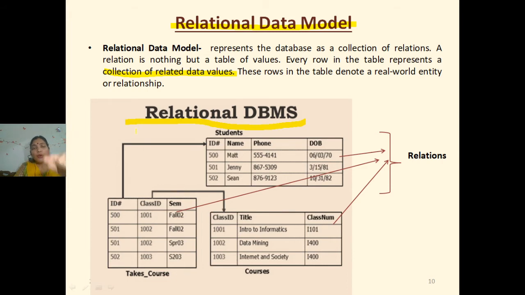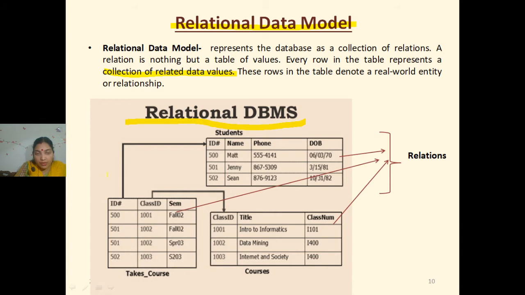One more thing, all these three tables are connected to each other in a particular relationship. And what is this relationship about? It tells that the student table is taking its information of ID from which table? A student's ID is connected to take course. So this ID is giving the description of courses of a particular student. For example, ID 500 is having a class ID 1001. What does it mean now?